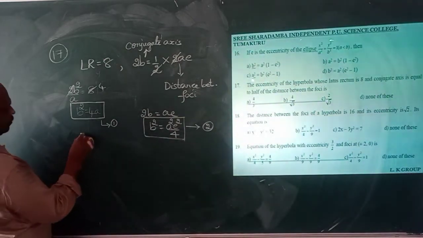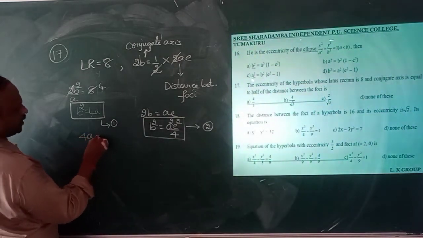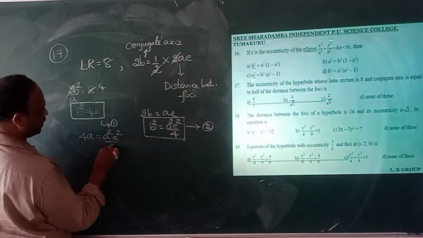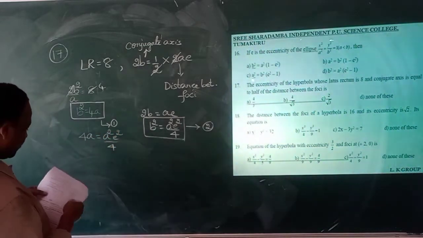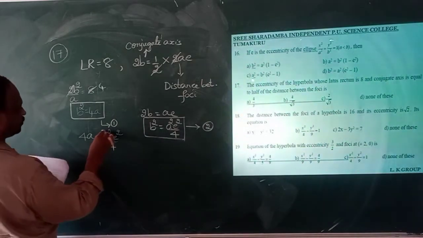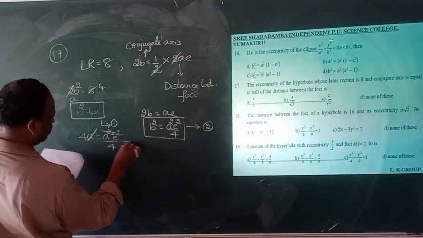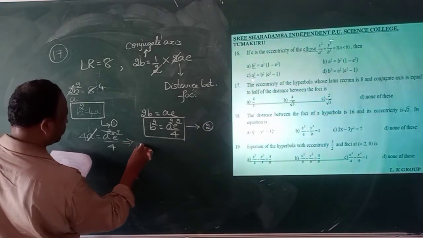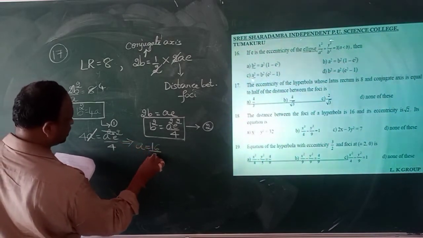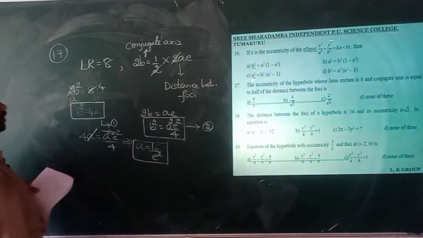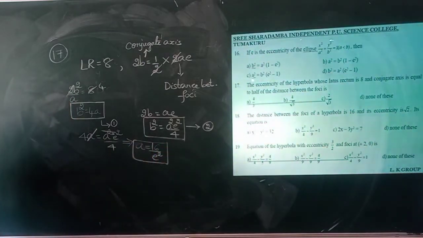By 1 and 2 you will get 4a is equal to a square e square by 4. You simplify this, and a will be 16 by e square.